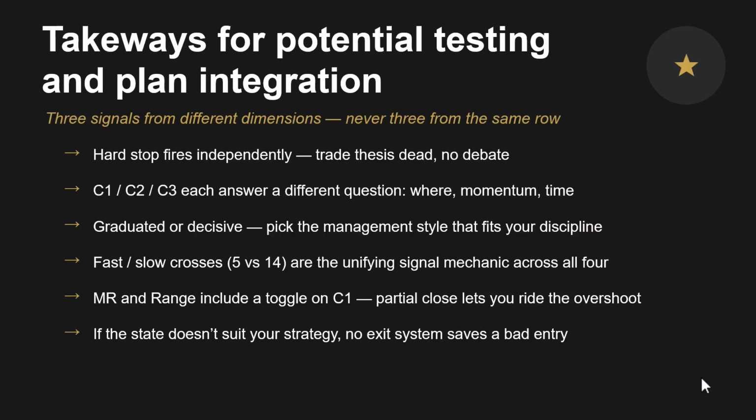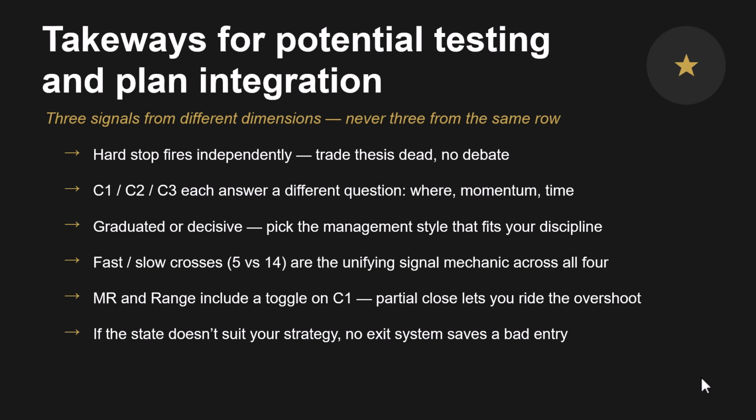Takeaways: make sure your hard stops are set when your trade idea has failed. No debate. Remember, choosing your confluence factors from different dimensions should mean that C1, C2, and C3 each answer a different question. You can be graduated or decisive. You need to pick the management style that fits your discipline and trading style.